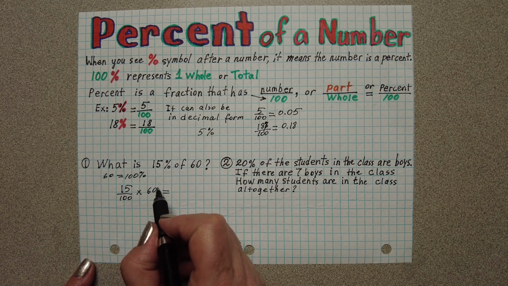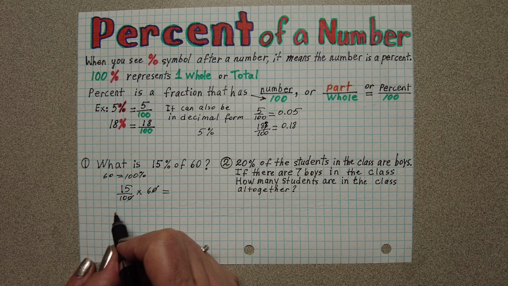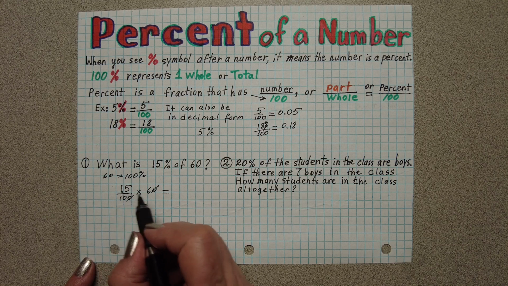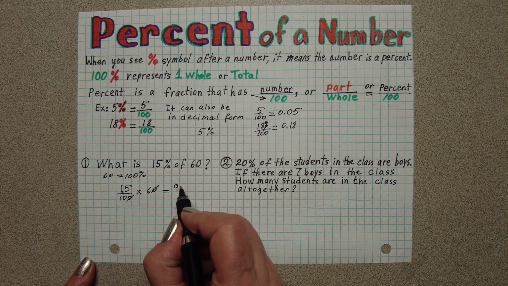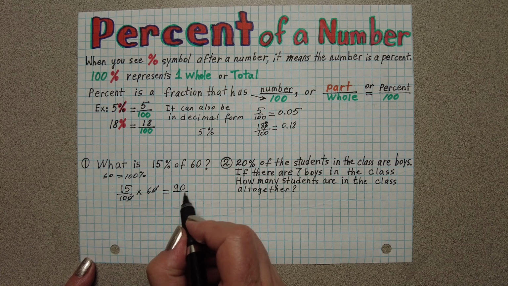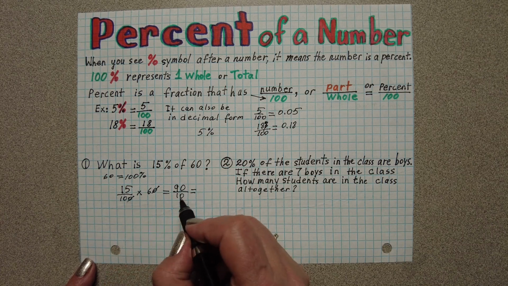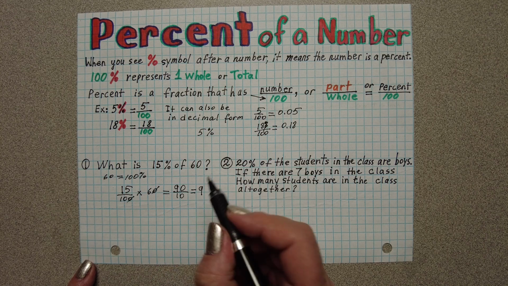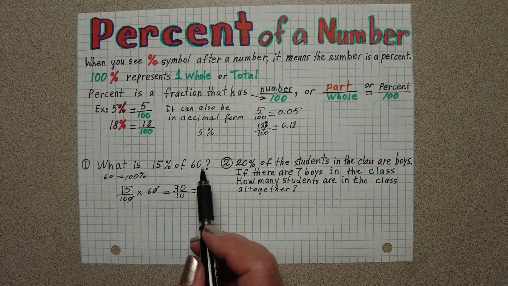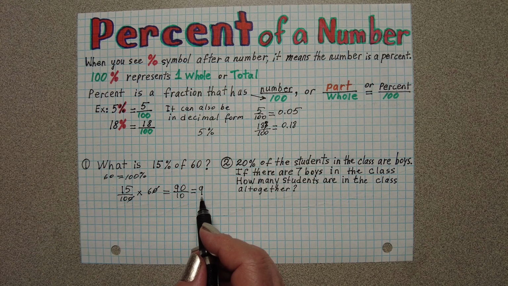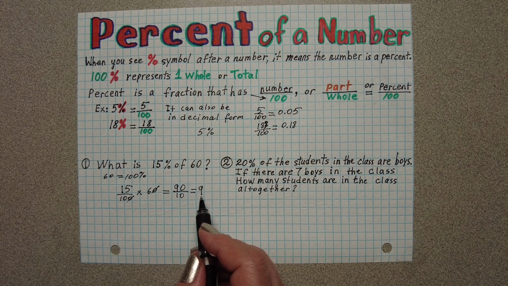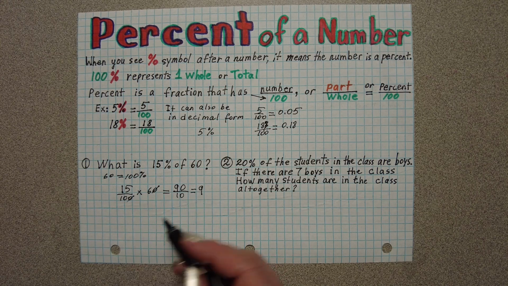Let's see, we can simplify here. This 0 goes with this 0. 15 times 6 will be 90 over 10, which is 90 divided by 10 is 9. So 15% of 60 is 9. This is very easy to find.